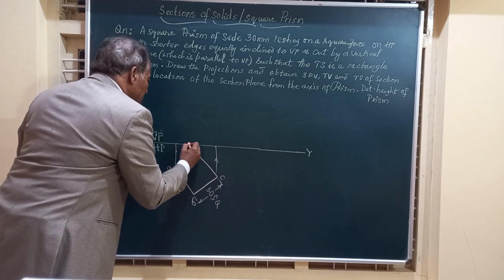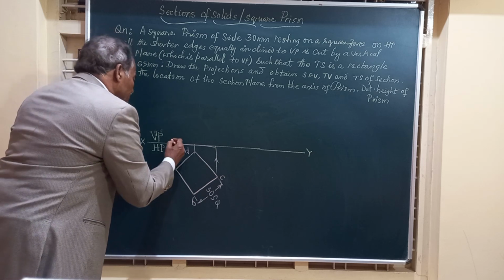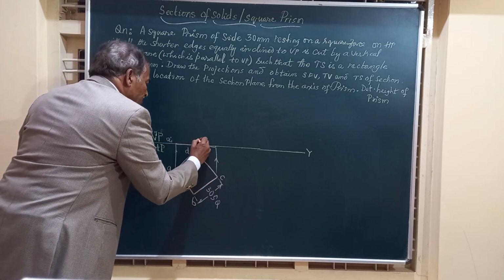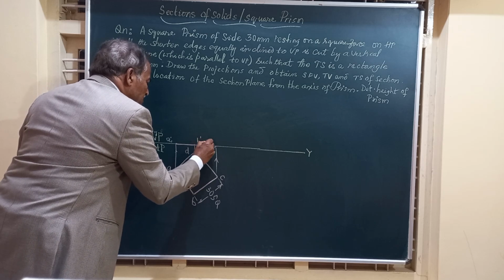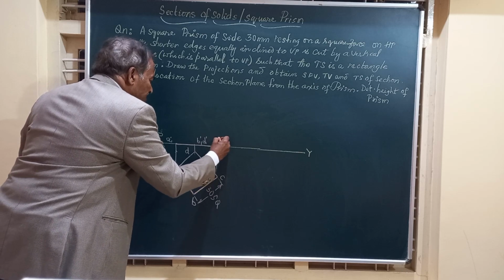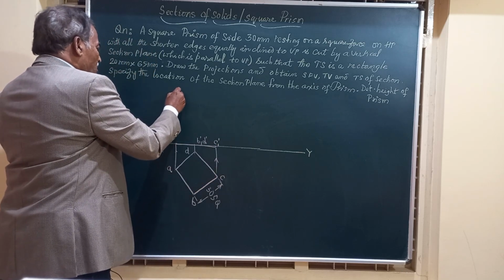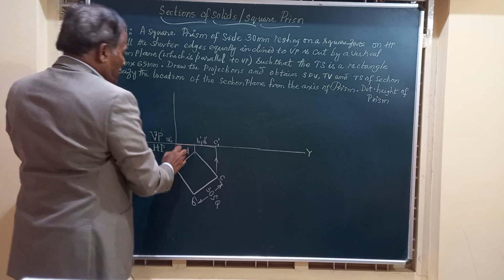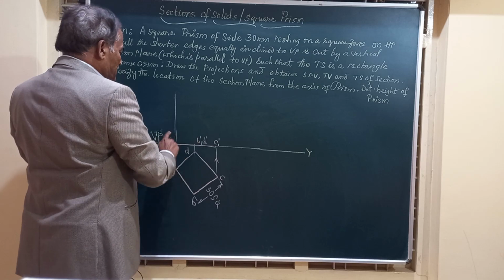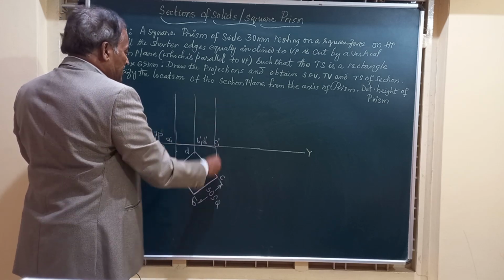You will get here the bottom face of the solid, and we will mark it as A1 dash, B1 dash, D1 dash, C1 dash, because it refers to the bottom face. And by extending these lines upward, you can obtain the front view. So this is one line through this, second and third line.